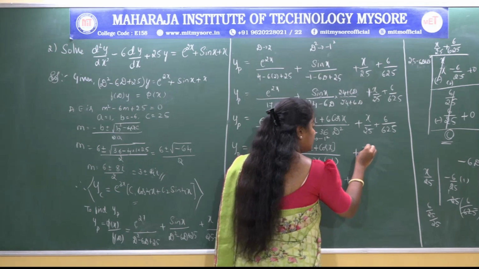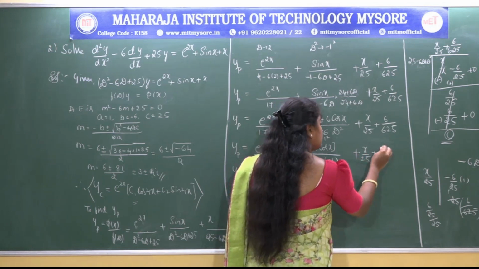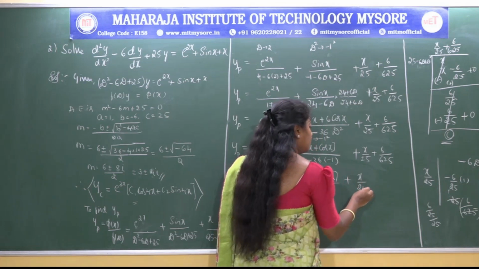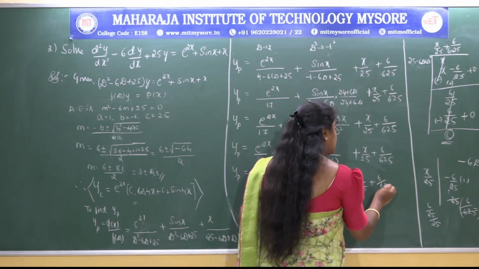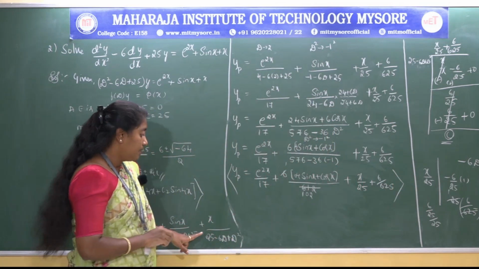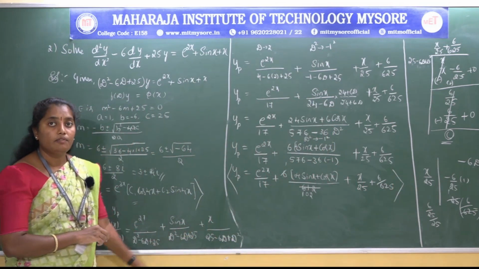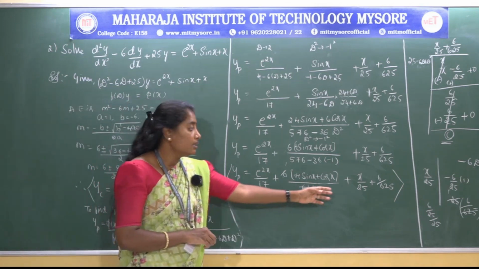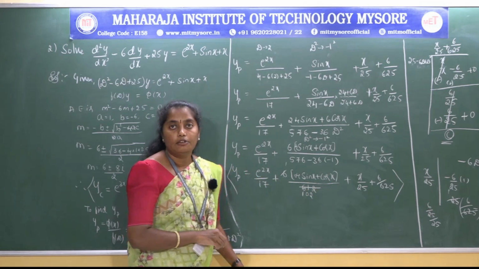So x by 25 plus 6 by 625 is the complete solution of yp for the polynomial term.